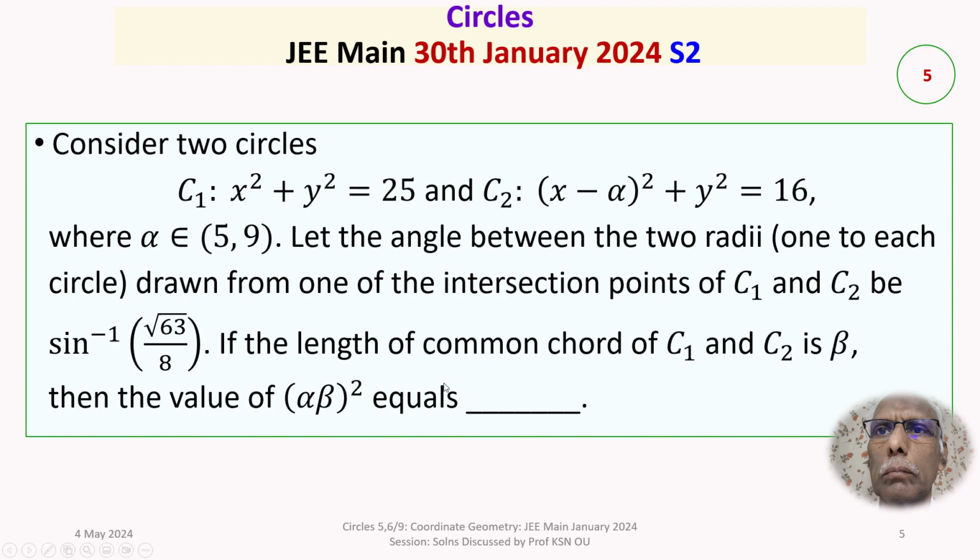It's given the length of the common chord of C1 and C2 is beta, and we are required to find the value of alpha beta whole square.